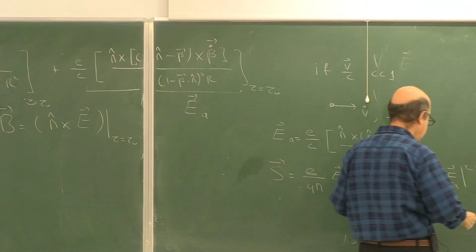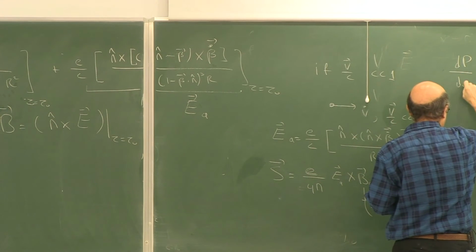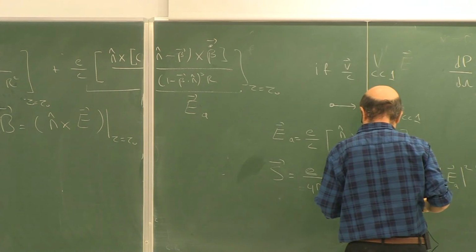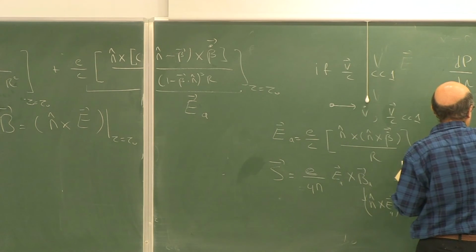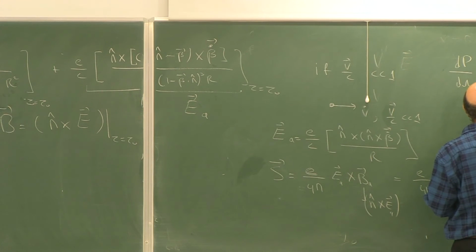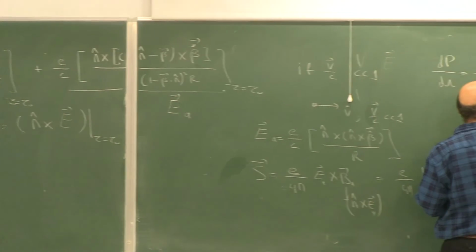Then you can write the power emitted per solid angle, that will be C over 4 pi, the real part of this.